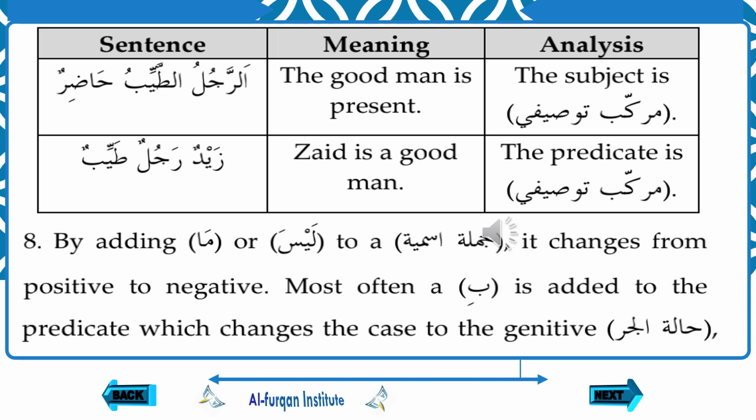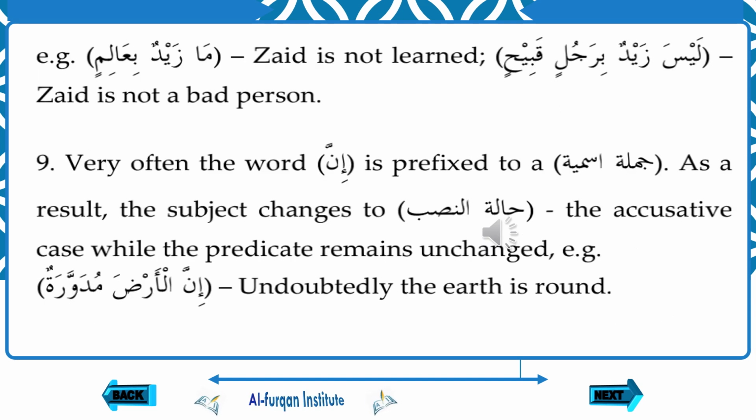So to change a nominal sentence, that is jumla ismiya, from positive to negative, Arabic uses ma or laysa. So for example, ma zaidun bi'alimin, as if to say Zaid is not learned. Zaid is not learned. So when ma comes before the sentence, it means not.